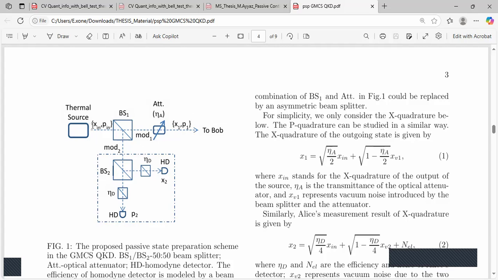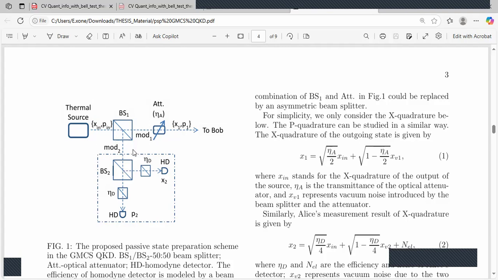So the initial quadrature components, the two quadratures of the electromagnetic field, are X in and P in, and they are input quadratures of the thermal source. And Alice uses here the balanced beam splitter in order to produce two spatially separated modes, that is mode 2 and mode 1.